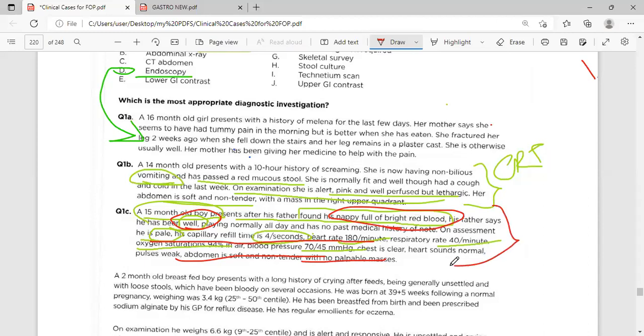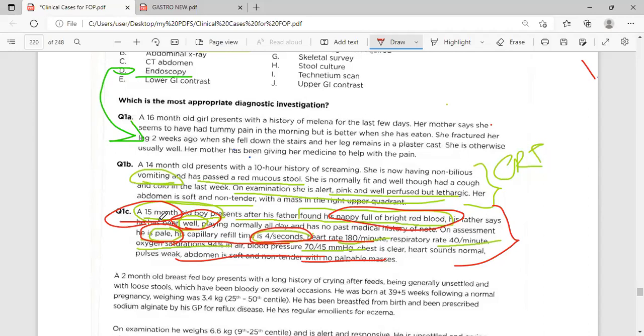So this 15-month-old child has painless bleeding from somewhere, maybe the lower GIT, and due to the loss of blood he has turned pale and is going into shock, but the abdominal findings are absolutely normal. So what are the causes of painless rectal bleeding, especially in this age?